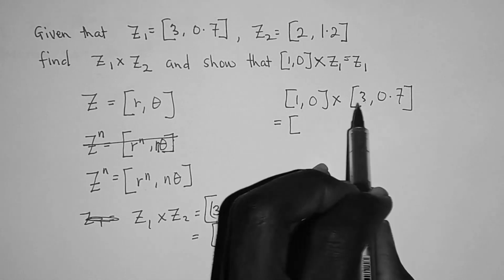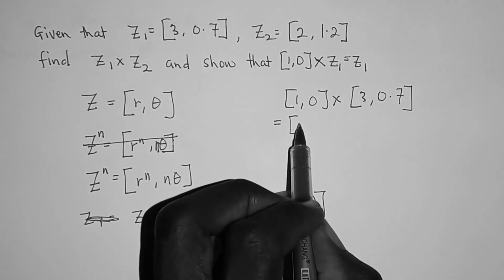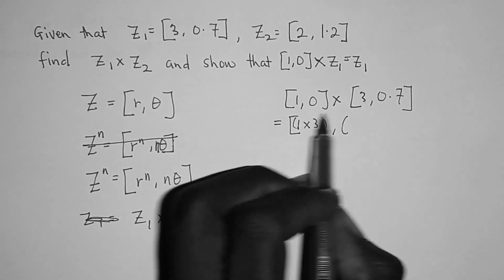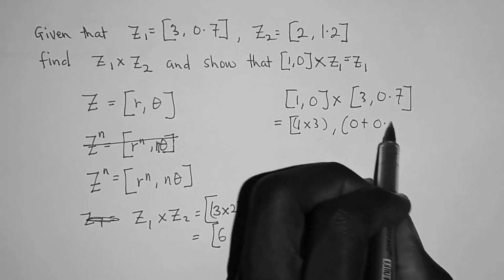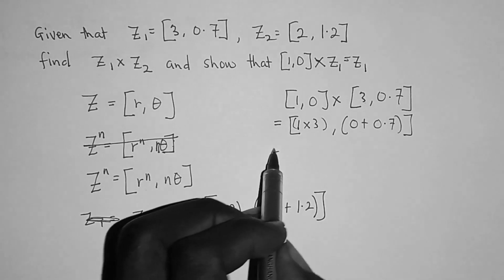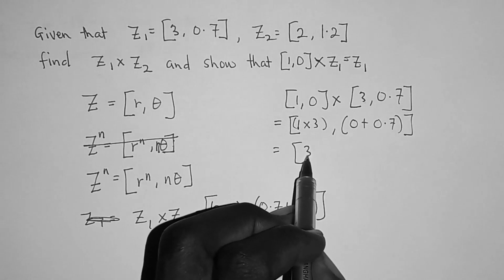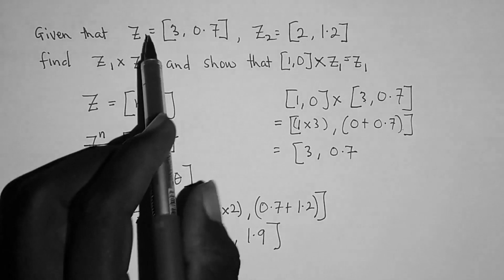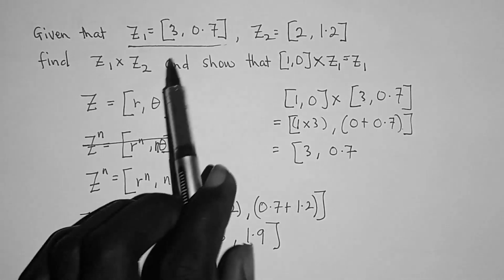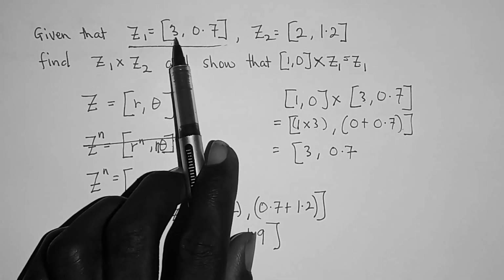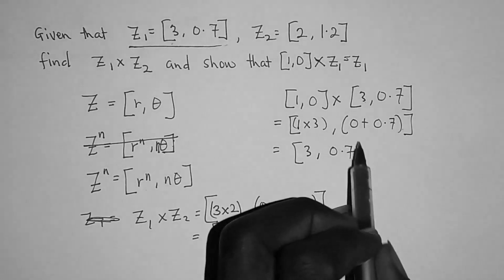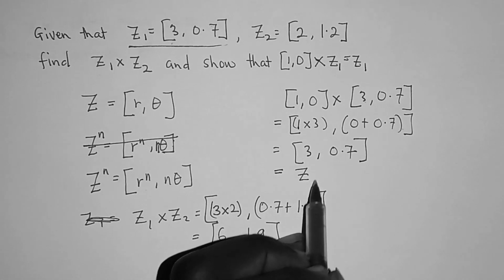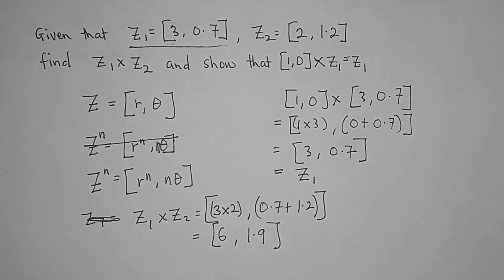You multiply their radii, so it's going to give us 1 times 3, in another bracket 0 plus 0.7. This is equal to 1 times 3 is 3, 0 plus 0.7 is 0.7. However, remember that we already established that z1 from the question is 3, 0.7. I forgot this bracket. So this is equal to z1, exactly what the question asks us to show.